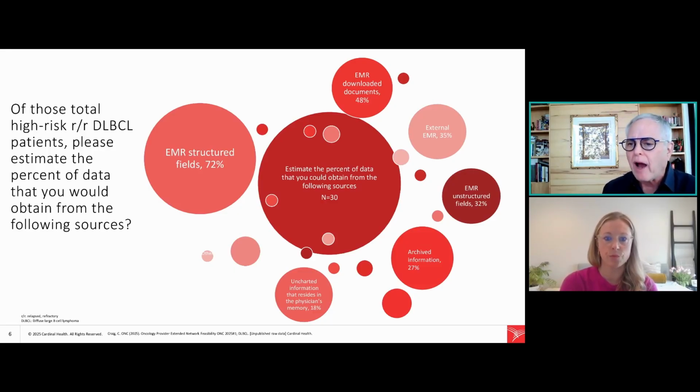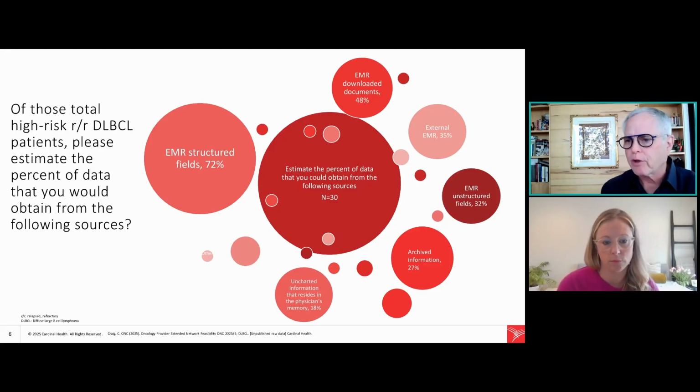So when we think about just going in and looking at an EMR and using NLP, what are we really getting and how much of that are we getting? So what the graphic is showing is research that we're doing, I'll describe in a minute. We often reach out to a network of physicians who do research with us before we entertain a project, to understand if they have the patients needed to meet the accrual goals of the client.